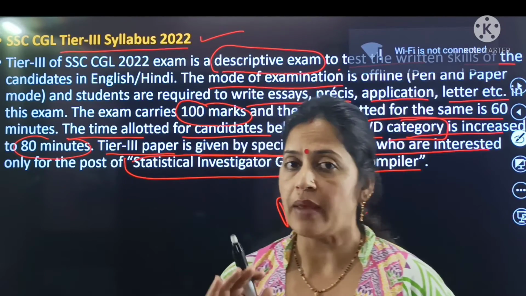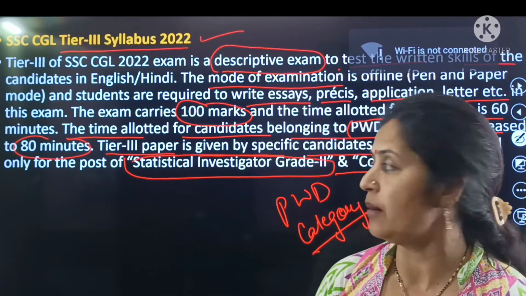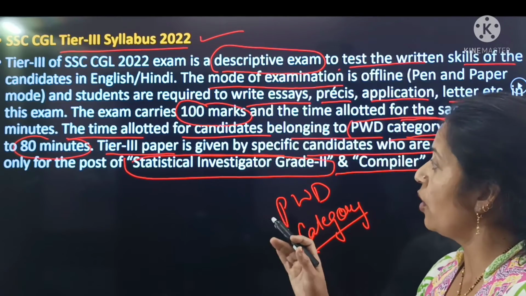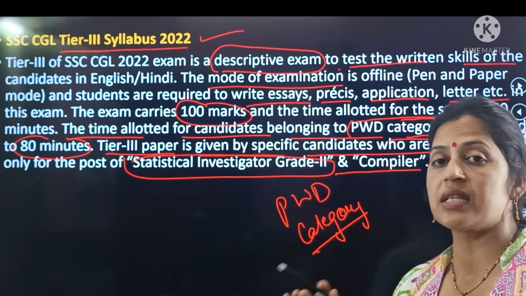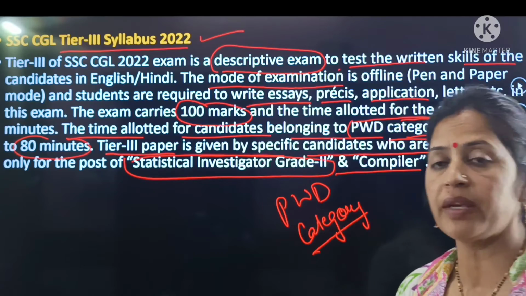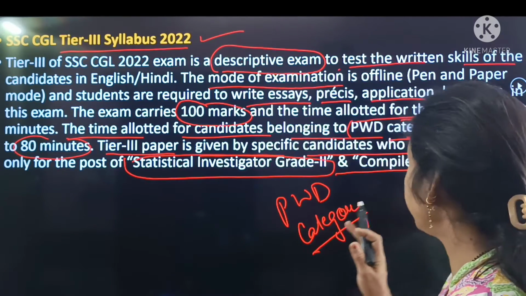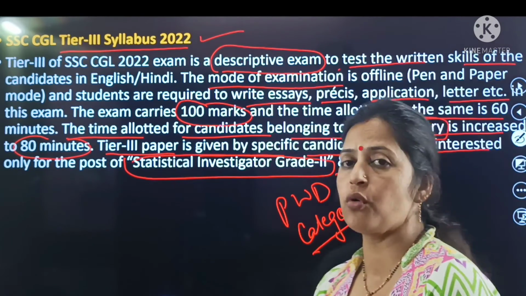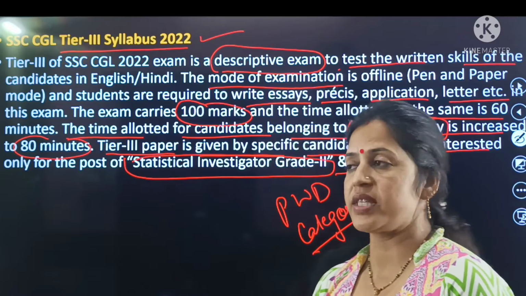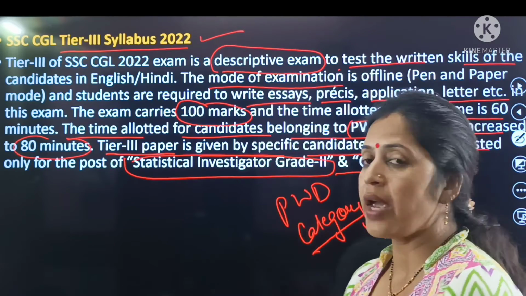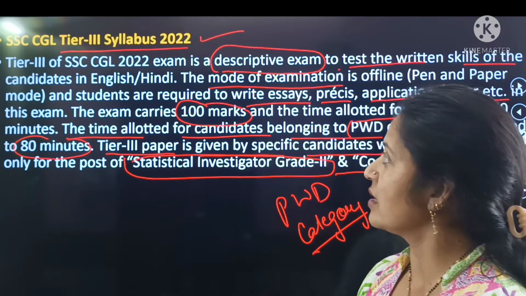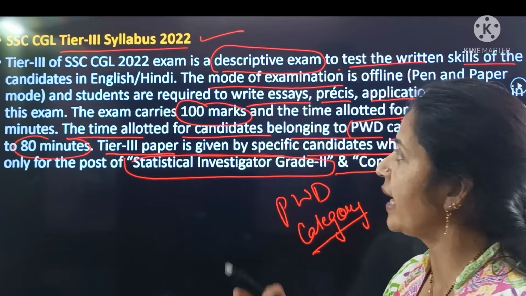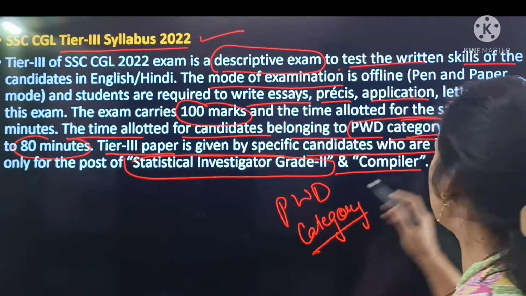So this Tier 3 exam is specific, and is only given by those candidates who are interested only in the post of Statistical Investigator Grade 2 and Compiler. So this is the syllabus for the SSC CGL Tier 3 exam 2022.